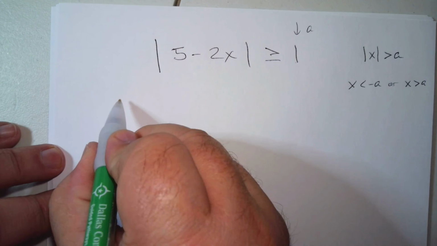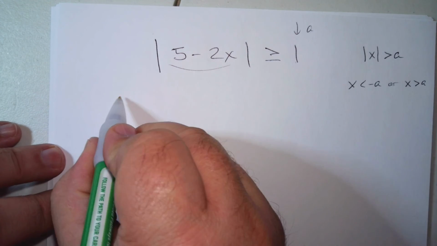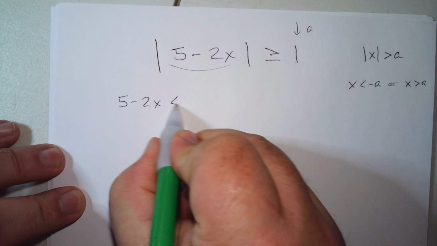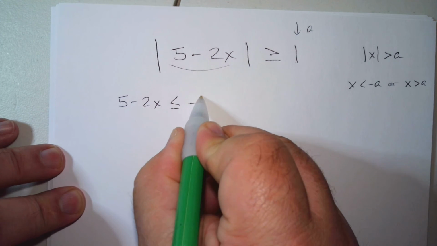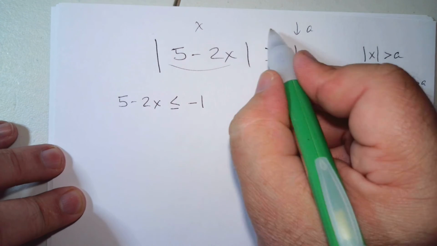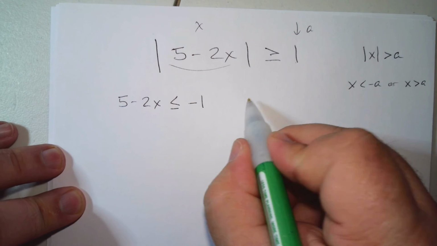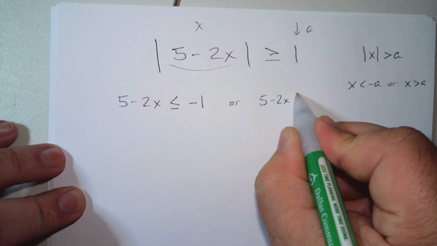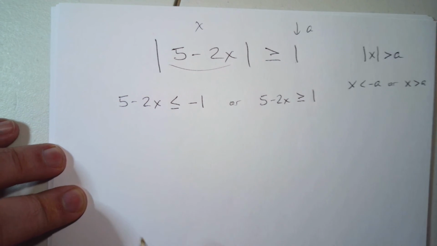So here's a. So this is your x. 5 minus 2x is less than or equal to negative a. Or 5 minus 2x is greater than or equal to 1.